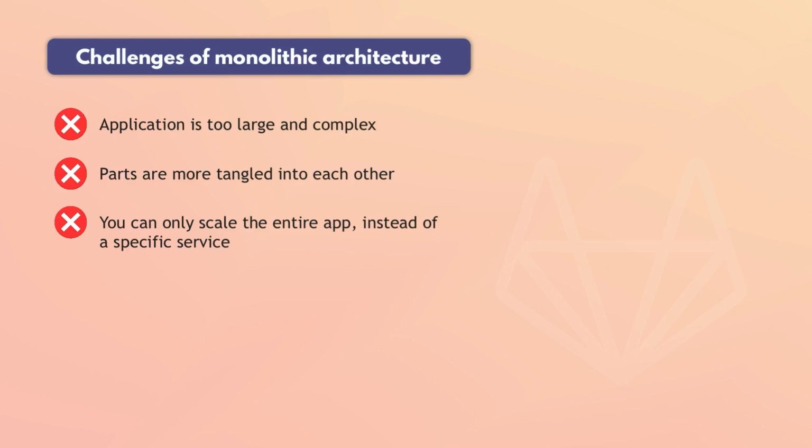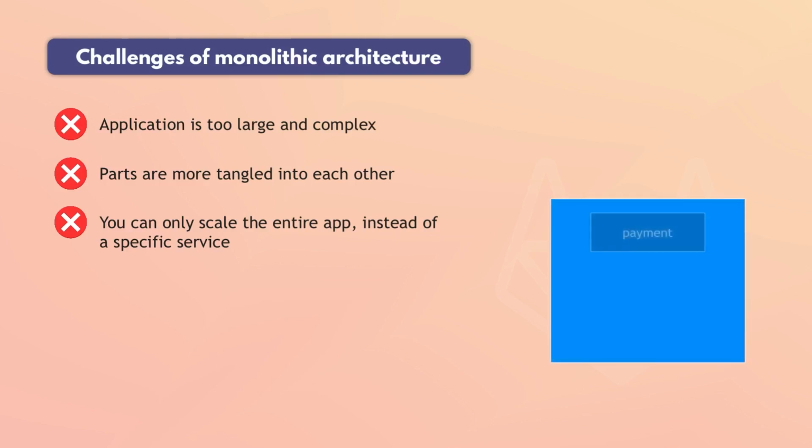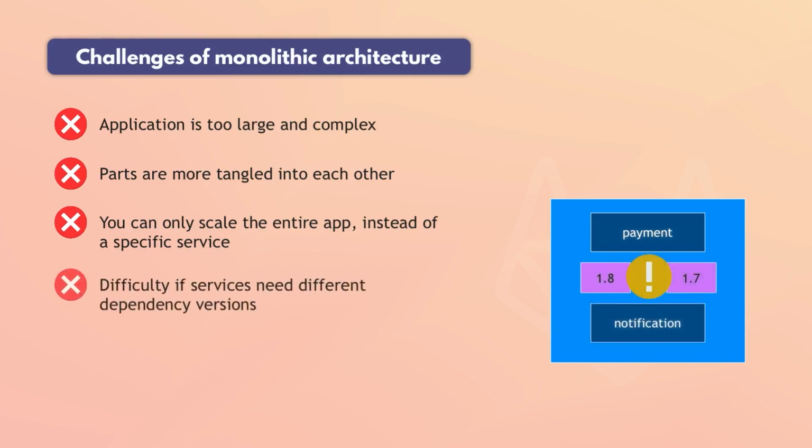Another issue is, for example, if a payment functionality used a third-party module with a version 1.8, while notifications feature needed the same module but required the version 1.7 instead. In a monolith application, you would have to pick one or the other because it's a single application and you can only have one dependency of the same module.